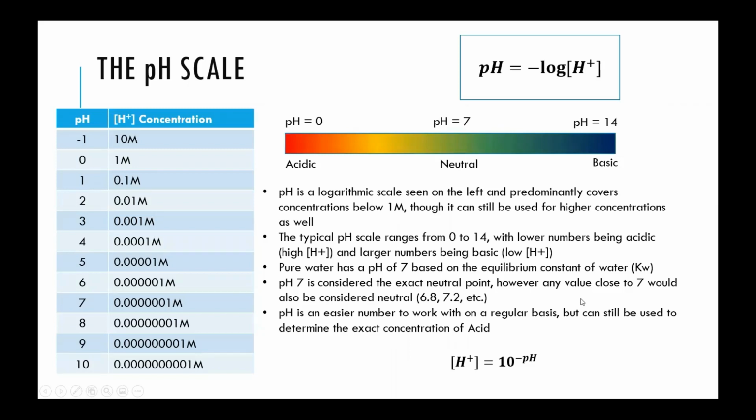The pH scale is a measurement scale used to measure the level of acidity within a solution. The pH of a solution is the negative log of the concentration of H+. You can also have terms like the pOH, which would be the negative log of the concentration of OH-.